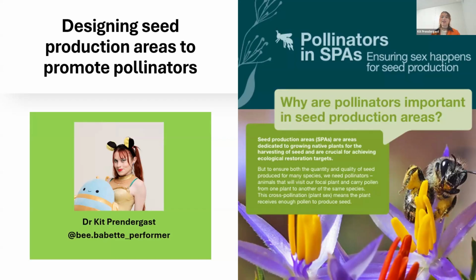But the thing is, you want to have high quality seed for many plants, especially flowering plants. That means that you need pollinators. And so you've got this dedicated area, and you can't just assume that the pollinators will be there. And so that is the research that I've been working on with Greening Australia.